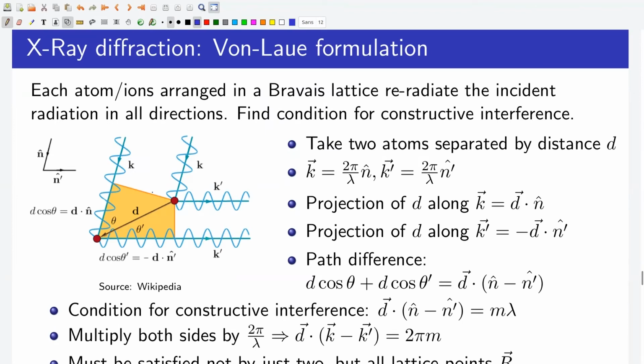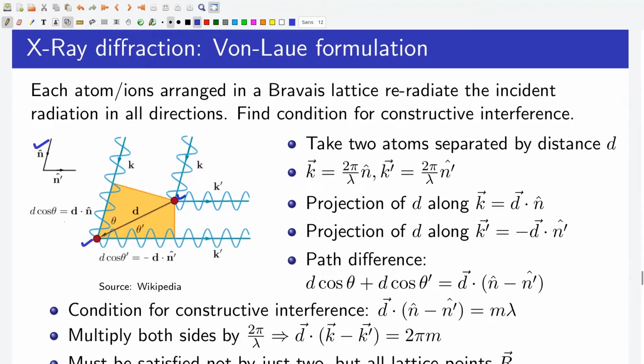You are shining X-rays on the material. So the incoming X-rays are coming in the direction of n hat. Each atom or ion arranged in a Bravais lattice is re-radiating the incident radiation in all possible directions.